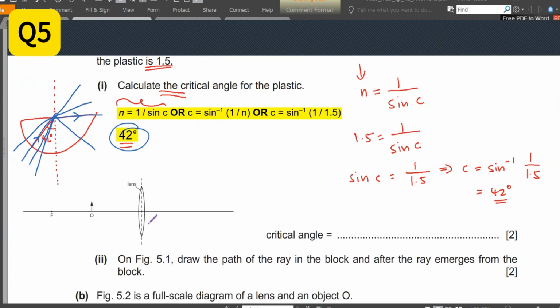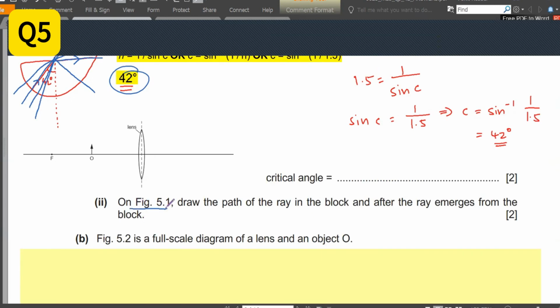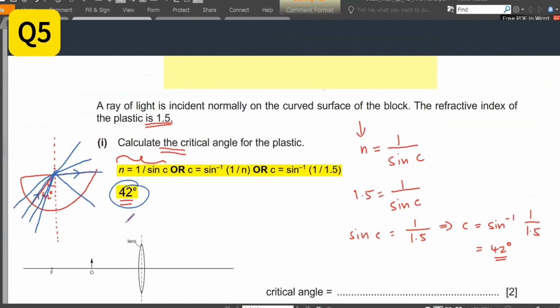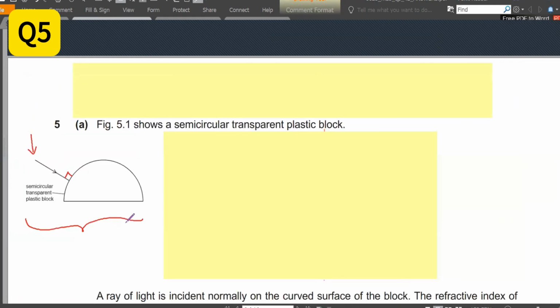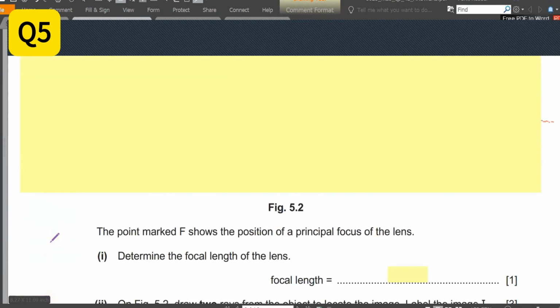Next question. On figure 5.1, draw the path of the ray after the ray emerges from the block. Okay, so we are given this ray here. So we want to know what happened. Let me copy the question.